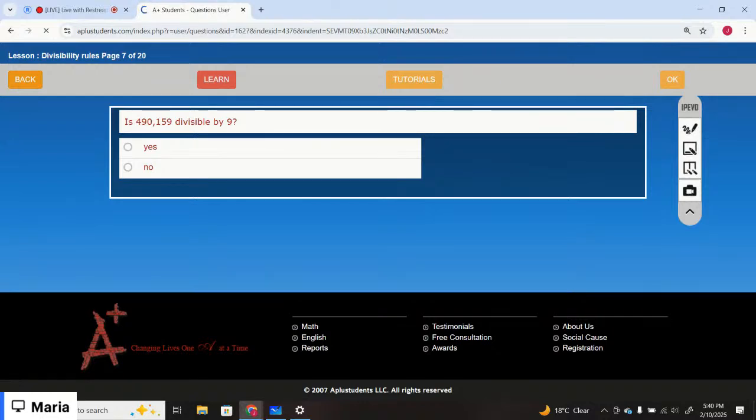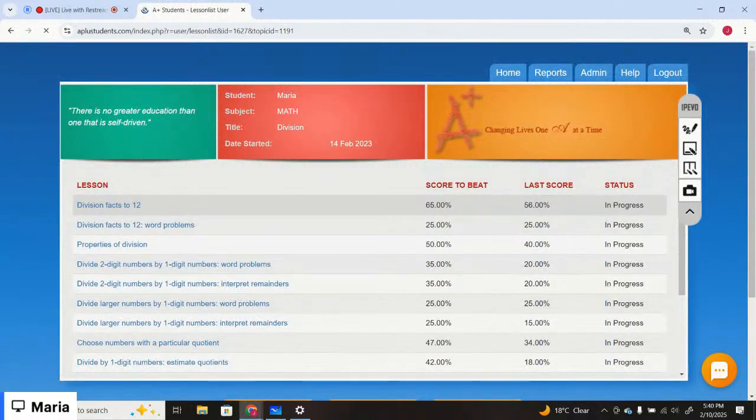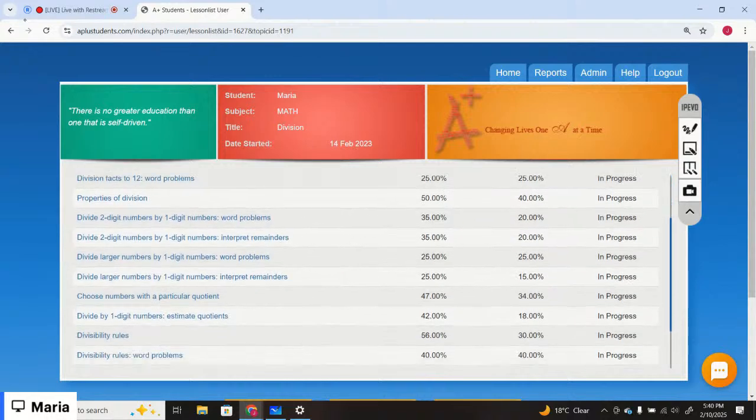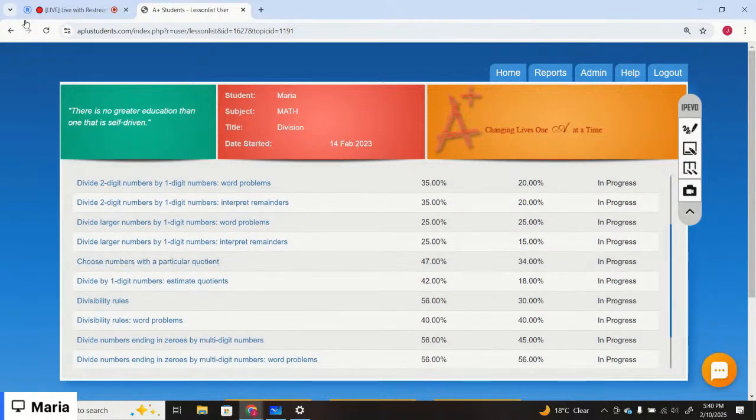The lessons we have covered today are division facts to 12, divide larger number by one digit number, interpret remainders, choose numbers with a particular quotient, divide by one digit number, estimate quotients and divisibility rules.